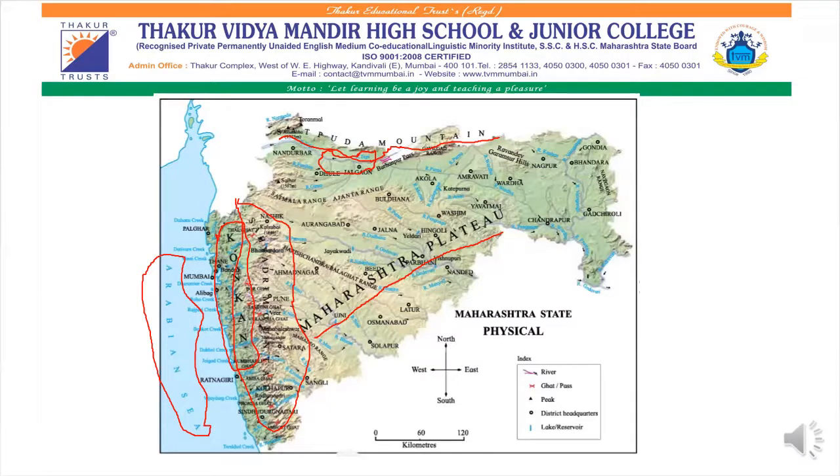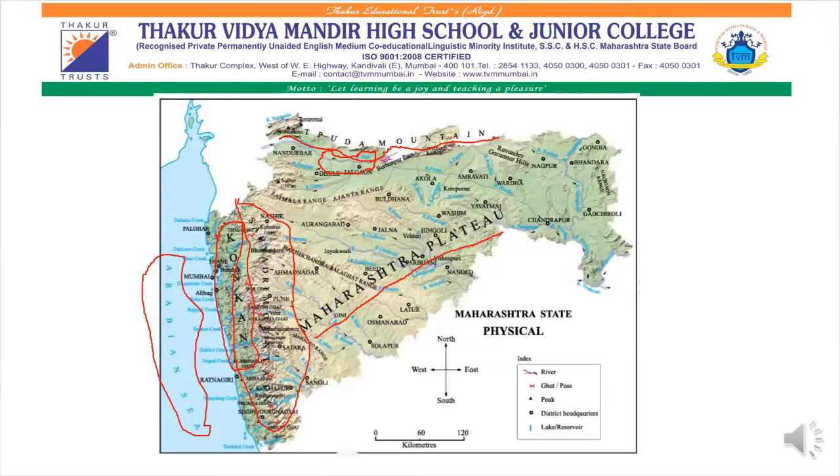Seventh question is, write the names of two rivers which flow from northwest to southeast. Here we have both the rivers, the names are Godavari and Bhima.